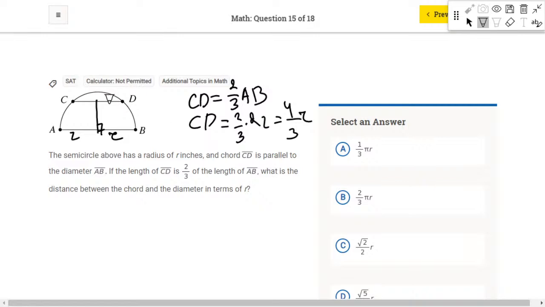And we need just this line, so it's half of CD. Let's divide it by 2. I get 2 divided by 3 r, and this is r.